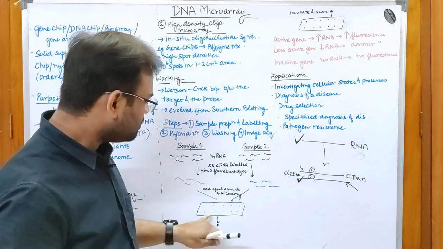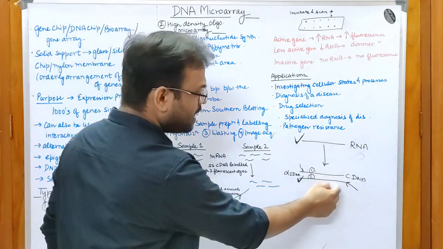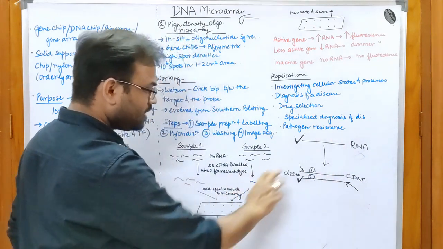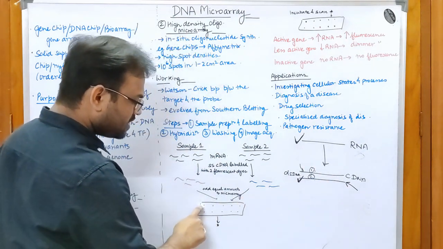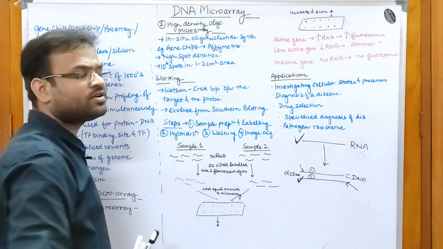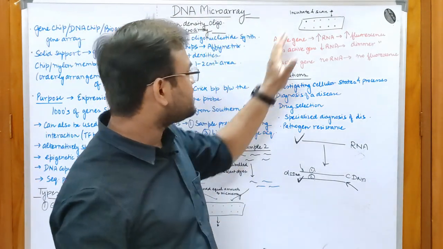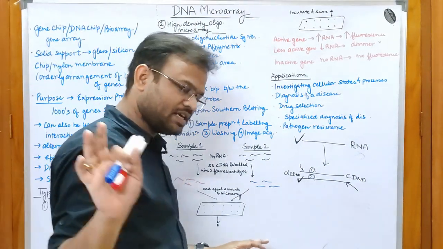Now what will happen, because of hybridization, this is DNA, this is also DNA, and this DNA has been obtained from this RNA. You already know that RNA and DNA would be complementary to each other. That means this strand and the strand present over here would also be complementary to each other, isn't it? Suppose there was a 24 hour incubation.